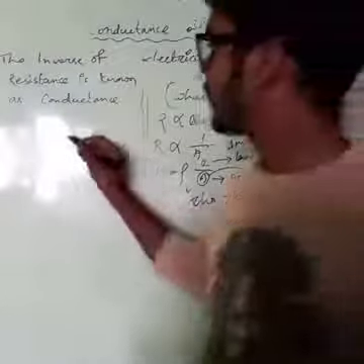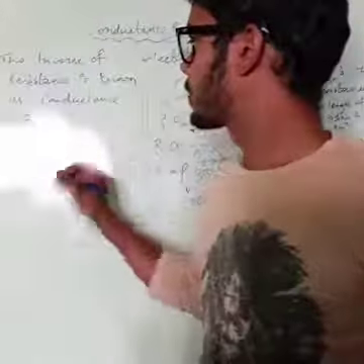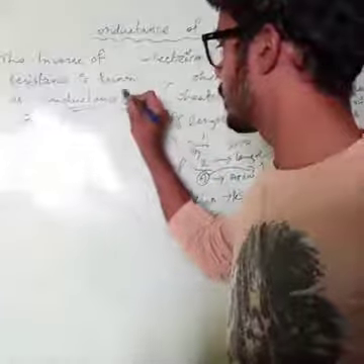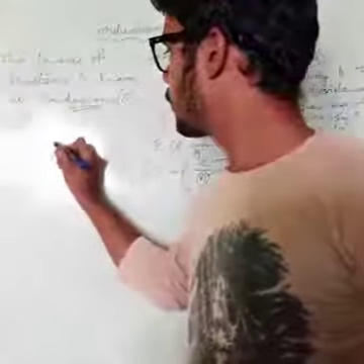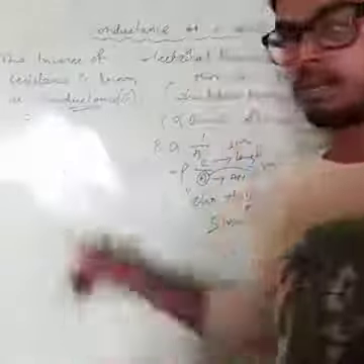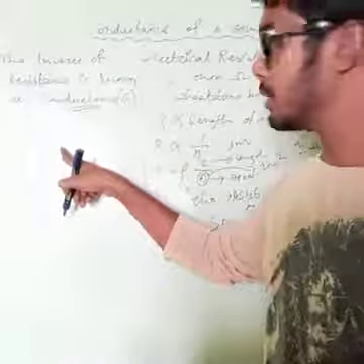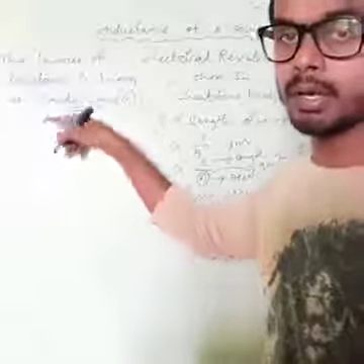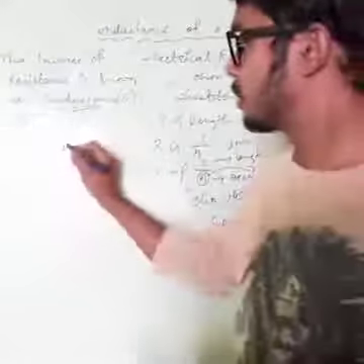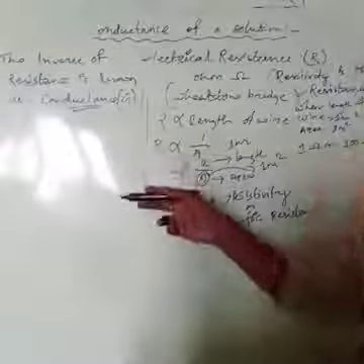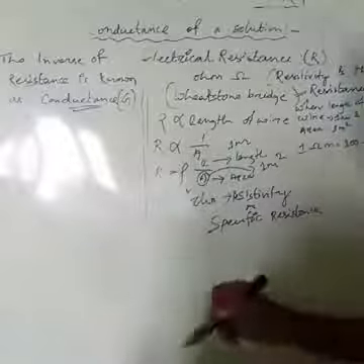That means, what is resistance? R. Suppose conductance is denoted as G. So what is G? G will be the inverse of resistance. That is, G equals 1 by R. That is, the inverse of resistance.